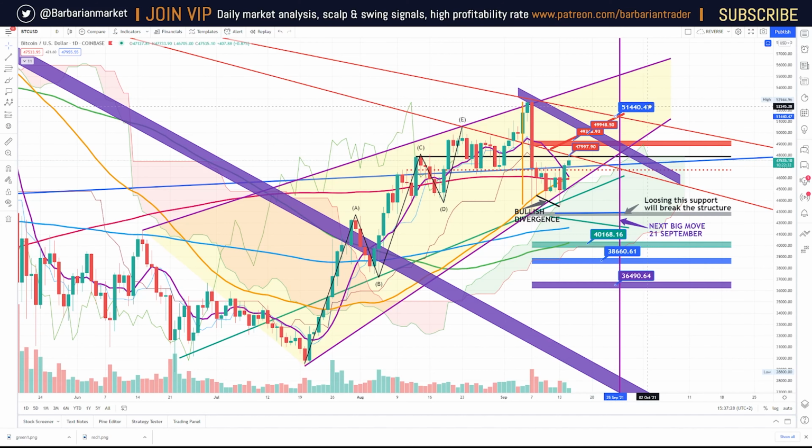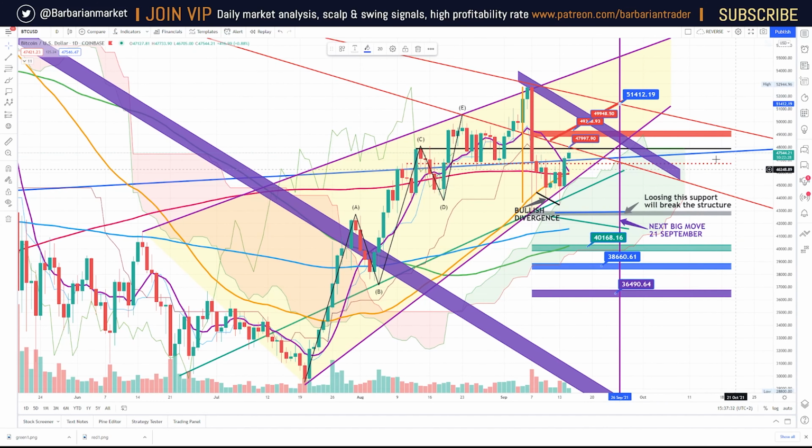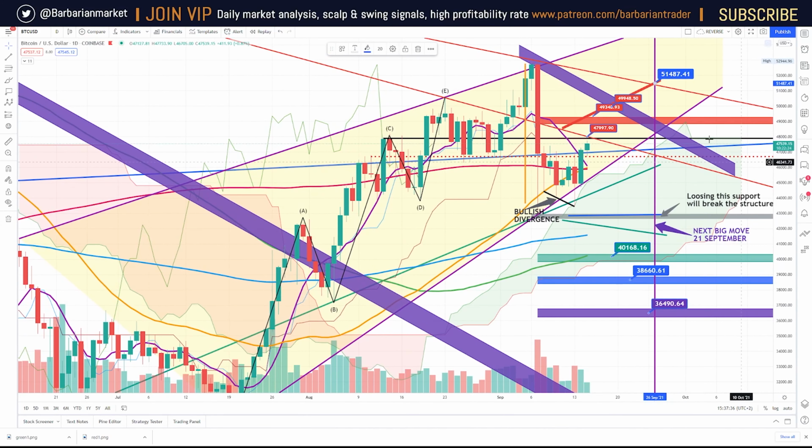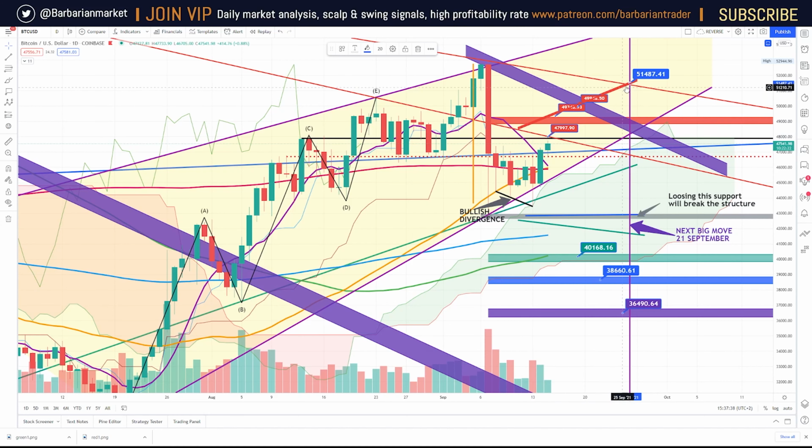And we consider that we have this intersection of the middle of the channel with this double red line and this diagonal resistance.